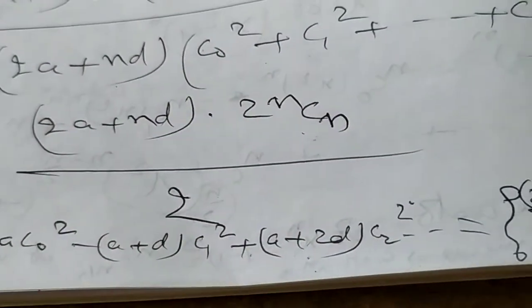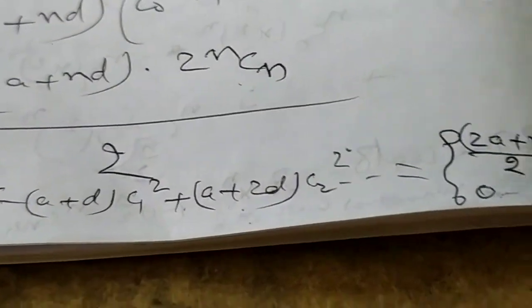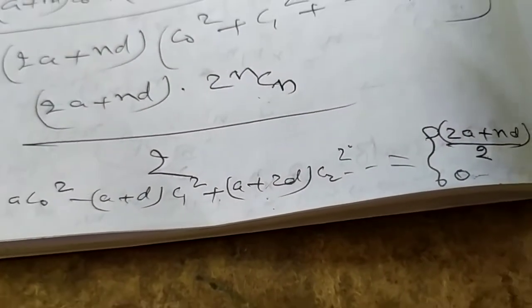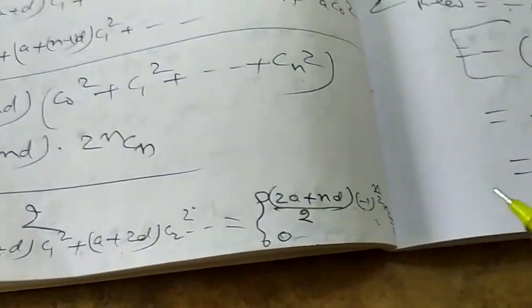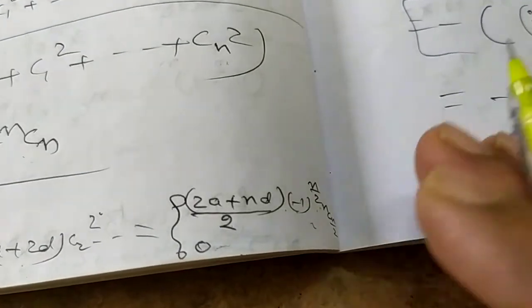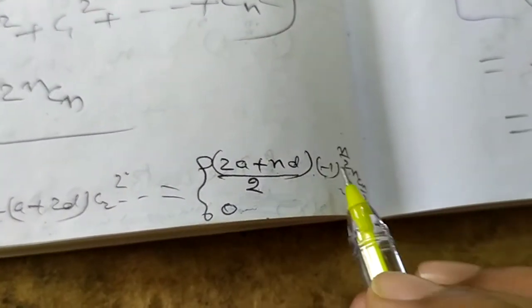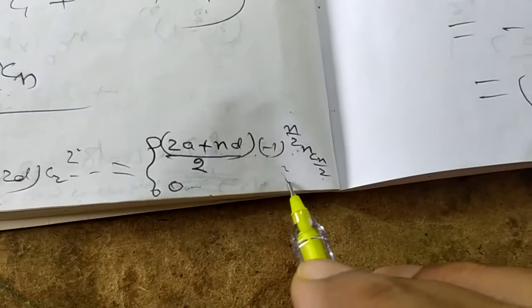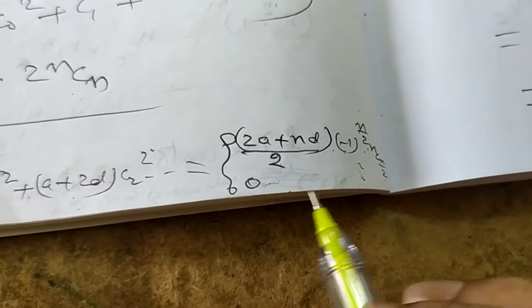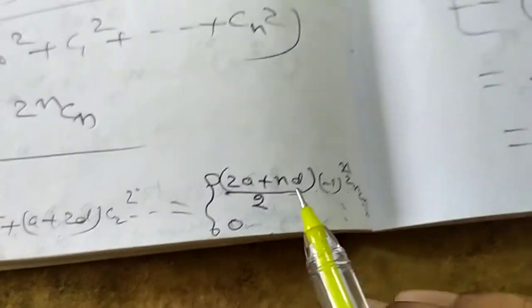Then there are two formulas for that. If n is even, 2a plus nd by 2 into minus 1 whole power n by 2, ncn by 2. If n is odd, that value is 0.